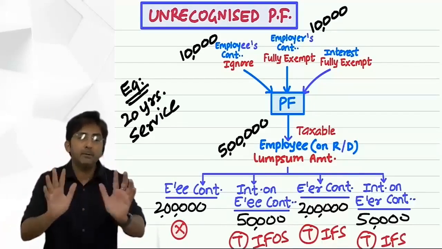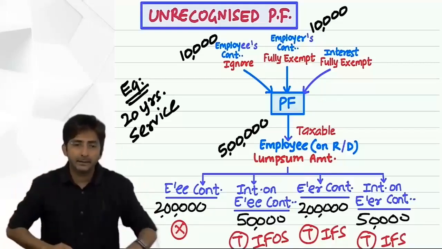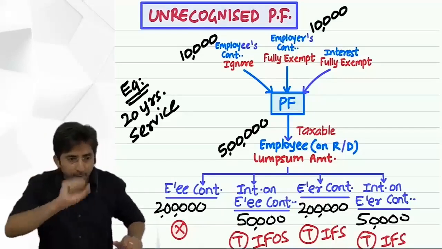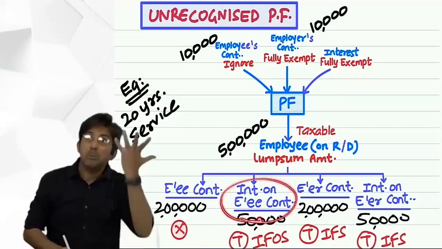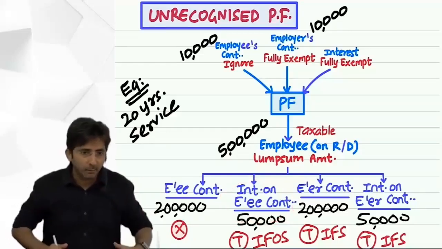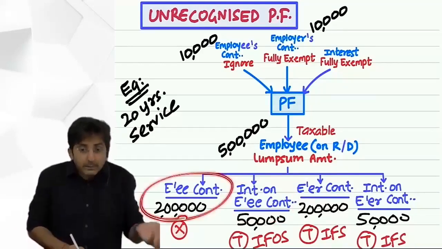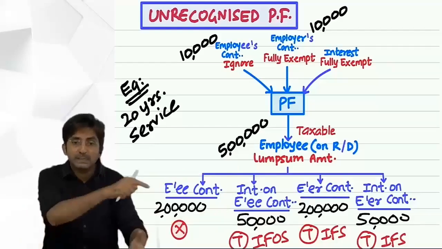Imagine if the company had not cut your salary, if they had given you the full salary, and you had put it in the bank, then also you would have earned interest. So this interest is not thanks to my boss. It is my personal interest. Personal in the sense that this is the employee's contribution interest, and the employee's contribution comes from his own salary.